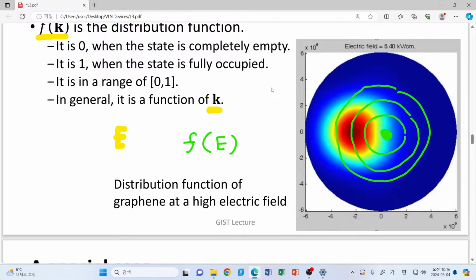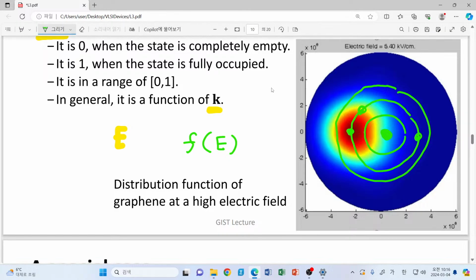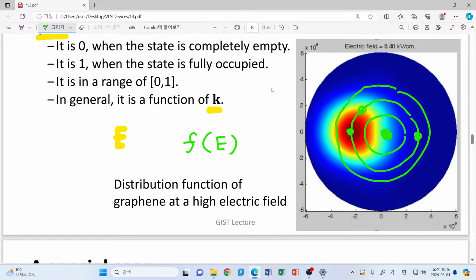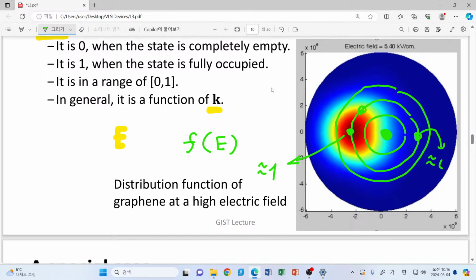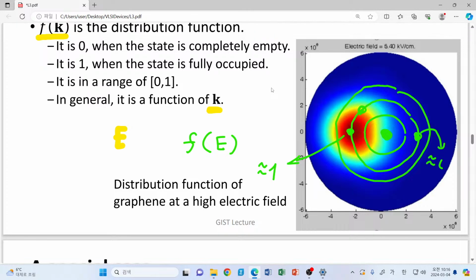For example, this and that point have the same energy, but depending on the K-space direction, this one and this one have K values in opposite directions, and in this case it is quite close to 1, and in this case it is quite close to 0. In general, we can say that the distribution function is a function of K, not E.